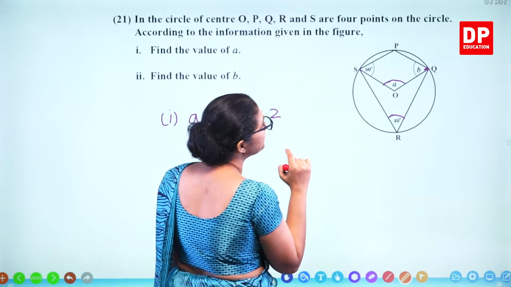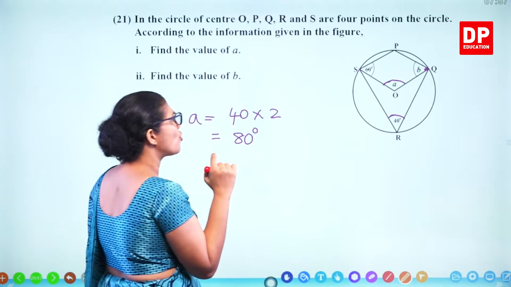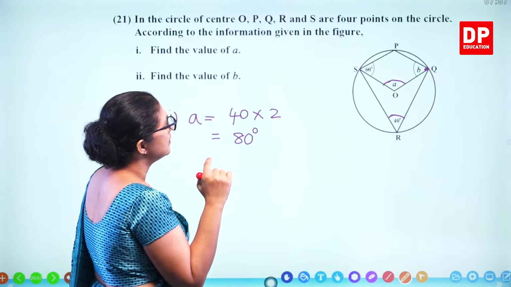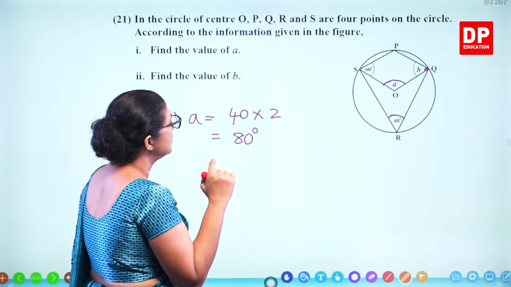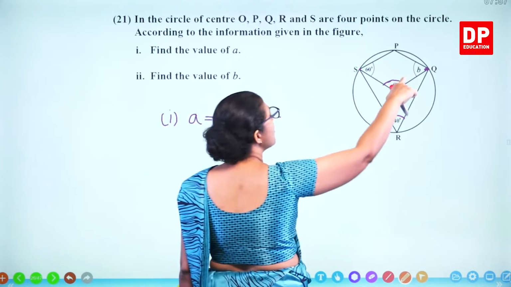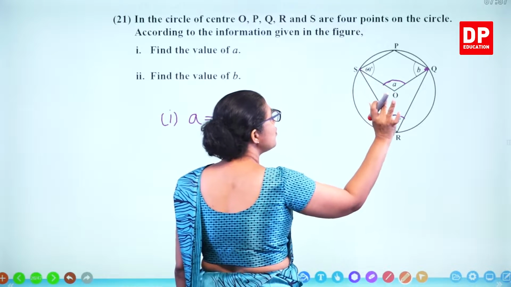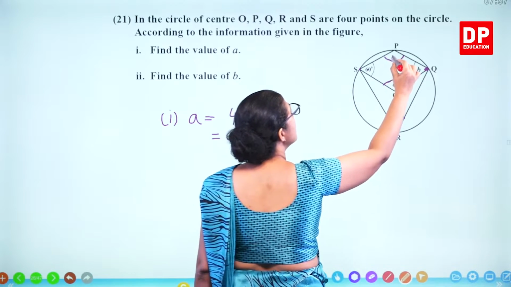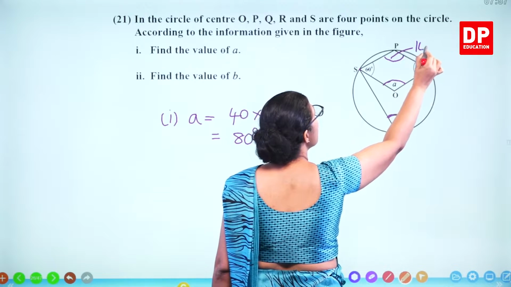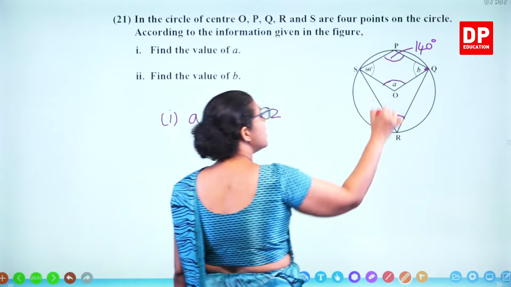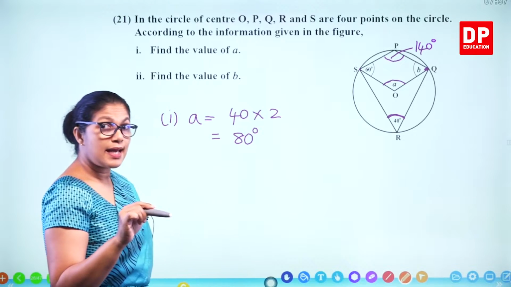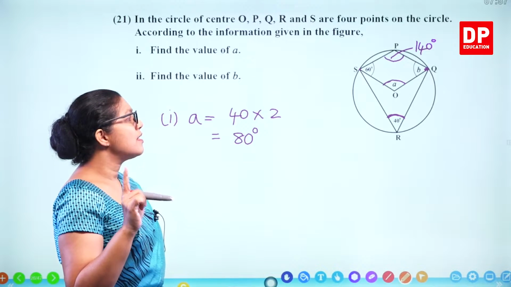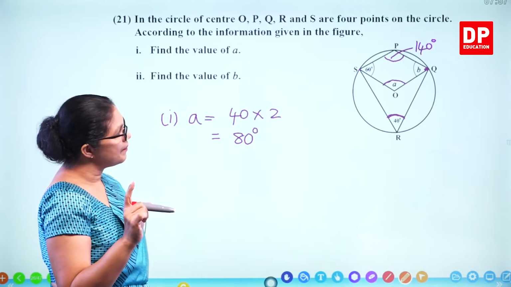Then B, what can you say about B angle? You need to think about a quadrilateral. Can you see if this is 40, what is this angle? 180 minus 40, that's 140. Because the opposite angles of a cyclic quadrilateral add up to 180.